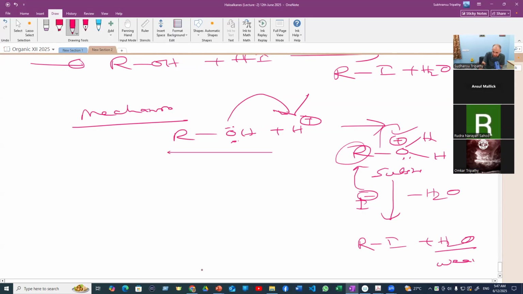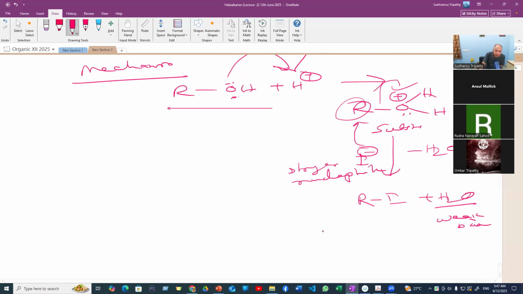This is a weak base and I minus is a stronger nucleophile. This is a weaker nucleophile. But water, you just know, is a good leaving group.